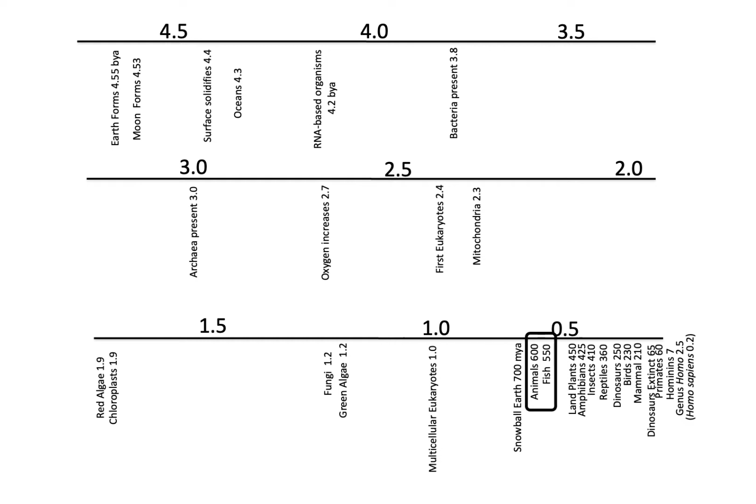When we came out of that snowball Earth time, then there was an expansion of the number of organisms on Earth, including multicellular organisms, animals, fish, land plants, amphibians, insects, reptiles, and then dinosaurs around 250 million years ago. Birds originated around the same time, and then mammals around 210 million years ago.